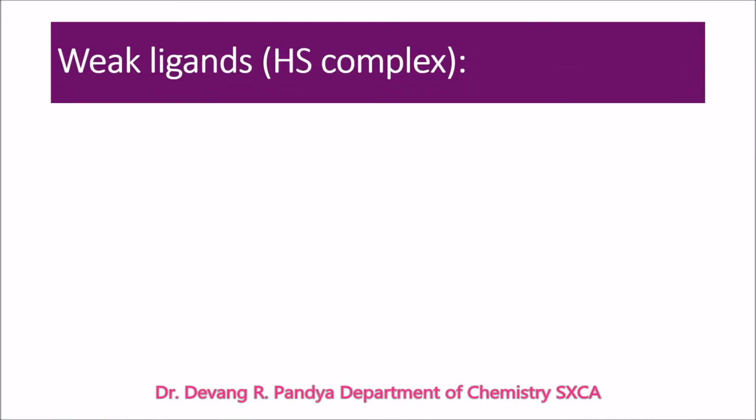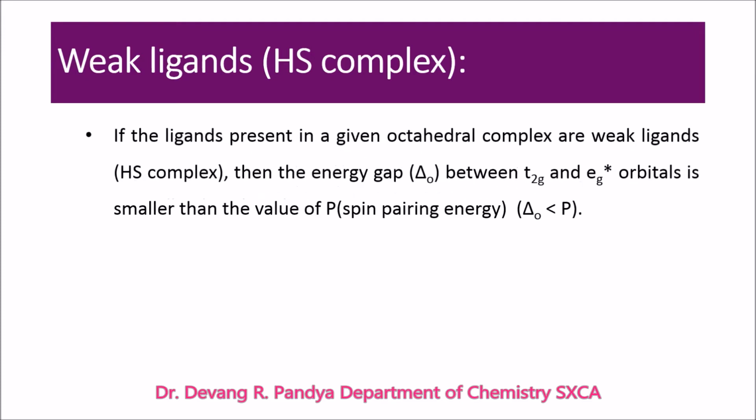Now weak field ligands and high spin complex. How a weak ligand is going to form a high spin complex, that we're going to discuss over here. If the ligands present in a given octahedral complex are weak ligands, a high spin complex is going to be formed. Why?